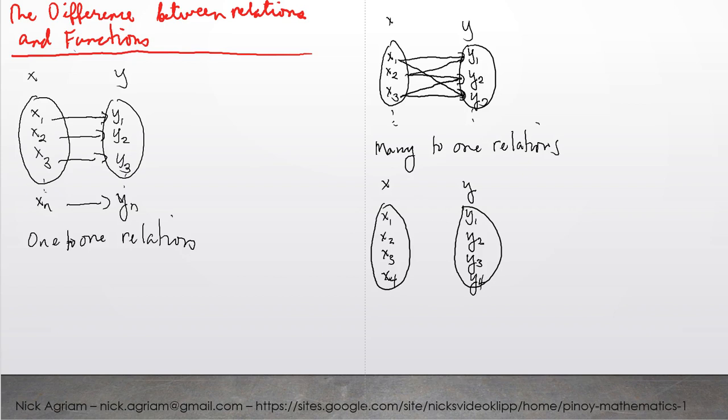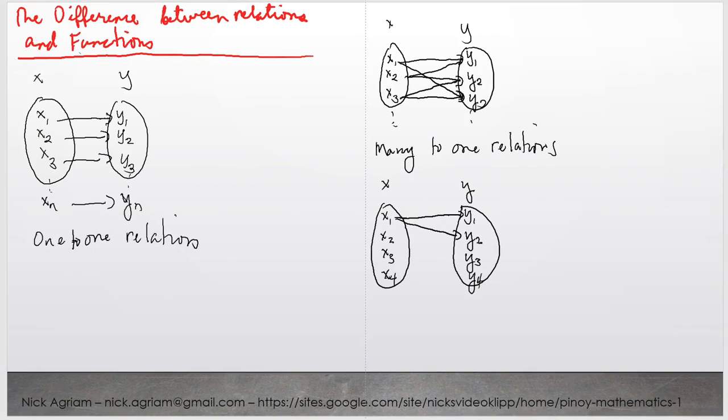As we can see, x sub 1 has two y's, y sub 1 and y sub 2, and x sub 2 has two y's also, y sub 1 and y sub 3, and x sub 3 has y sub 2 and y sub 4.